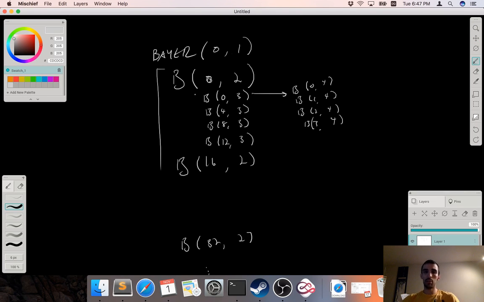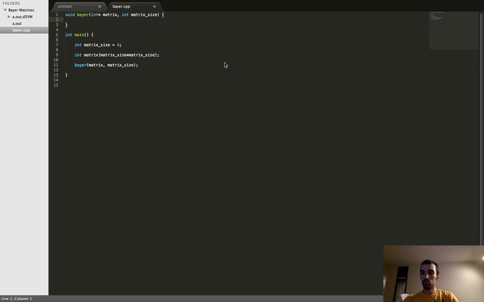But I should be able to calculate stride and increment if I have this number right here, my recursion level. So let's give that a shot. Int recursion level. In the example I started with recursion level 1, but now I'm going to start with recursion level 0 right here.